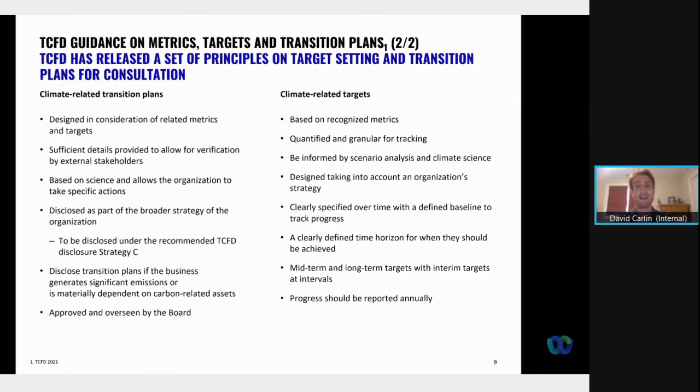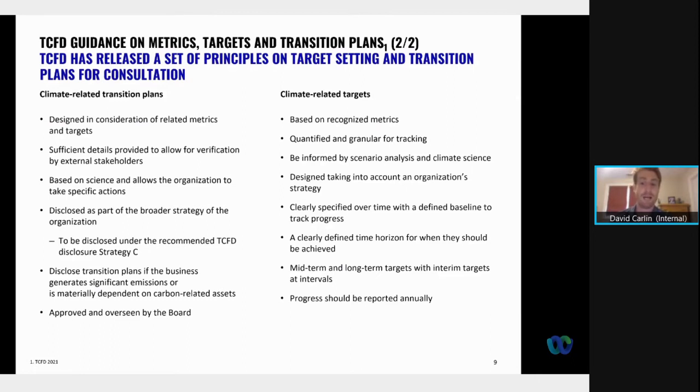The TCFD hasn't gone as far as some of the UNEP initiatives, such as the Asset Owner Alliance or the Net Zero Banking Alliance, on laying out the specifics of what these targets should look like, but they aim to provide broad principles that also are in line with those laid out by the UNEP initiative. So that is to use recognized metrics, to be sufficiently granular, to be backed by science, and to provide interim targets on the way to that net zero goal.